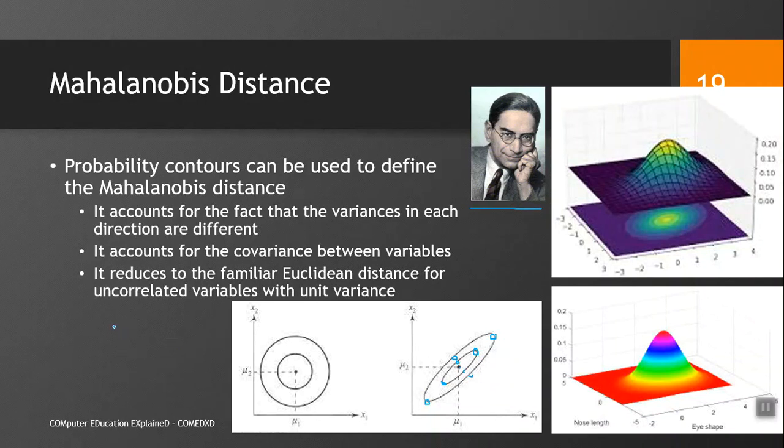Remember that when we are working with one dimensional data, we have this kind of slope, right? And we cannot have the probability contour, we would have only this surface.